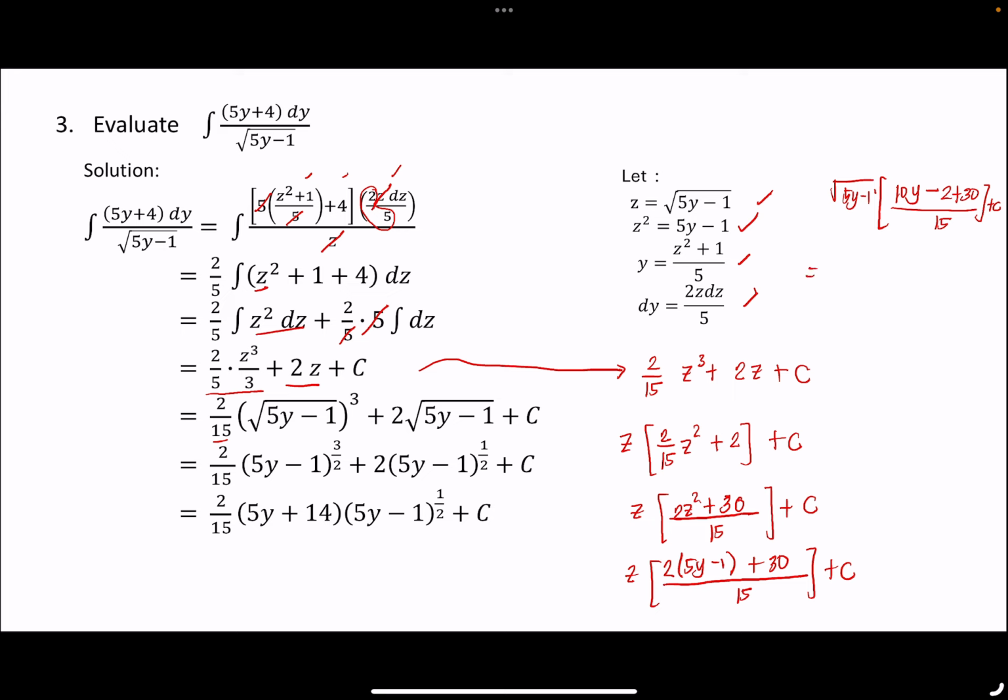So that would be 10y plus 28 over 15 times the square root of 5y minus 1, plus c. We can factor out 2. So we have 2 over 15 times (5y plus 14) square root of 5y minus 1, plus c. And this is your final answer.